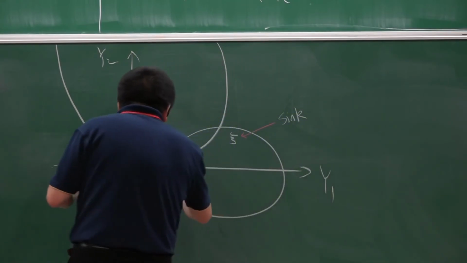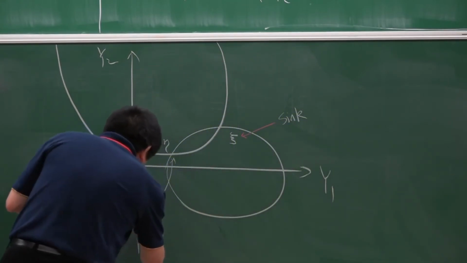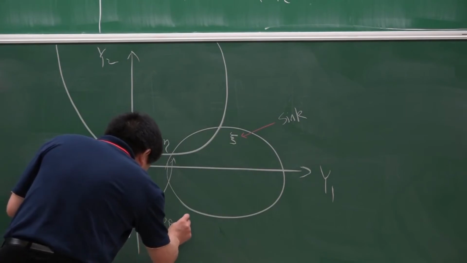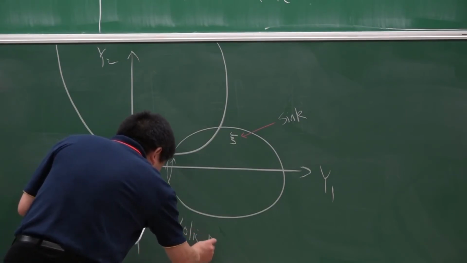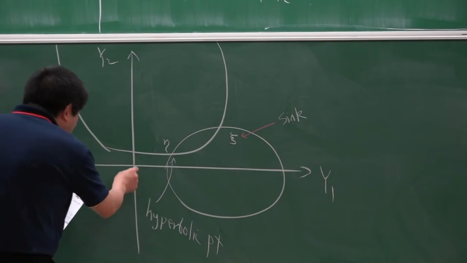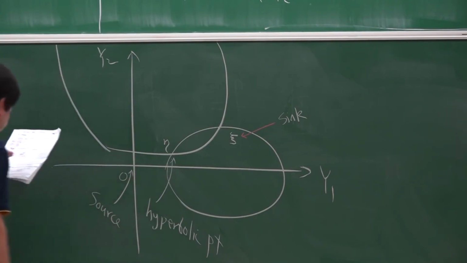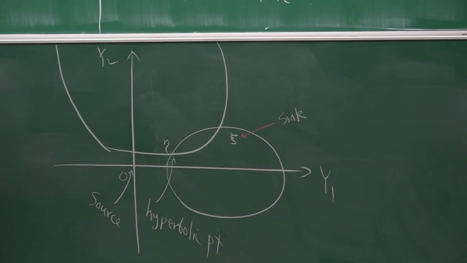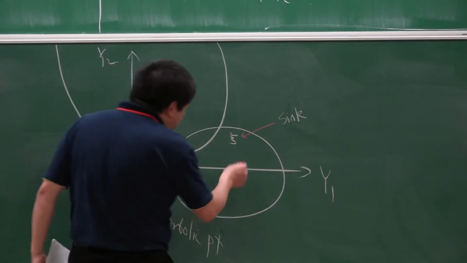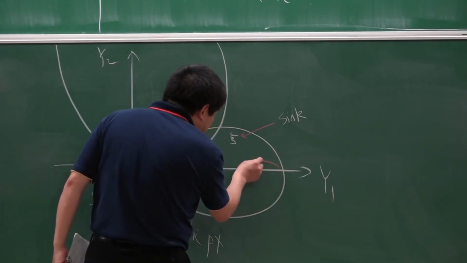This is a hyperbolic point. And here is a source. So once again, since this is a sink, we can get a solution from here to here.